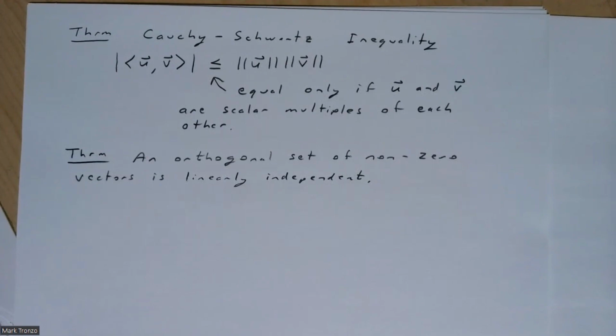So if you have a set of vectors and they're all mutually orthogonal, then they're going to be linearly independent.